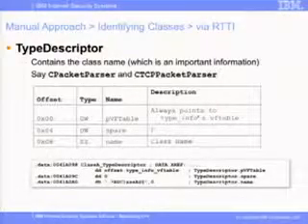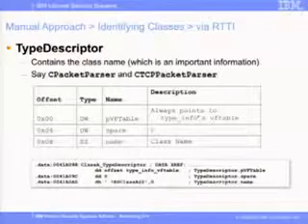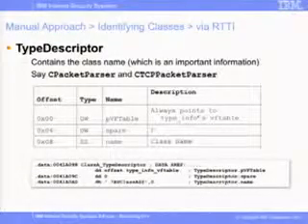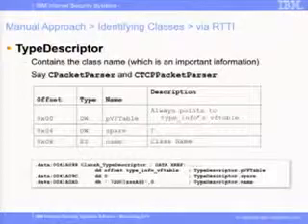In this example, the type descriptor says the class name is CPacketParser, so it probably means that the class is for packet parsing. The class name is mangled: it is in between a dot and a question mark, then AV, then the class name, and then two at signs.